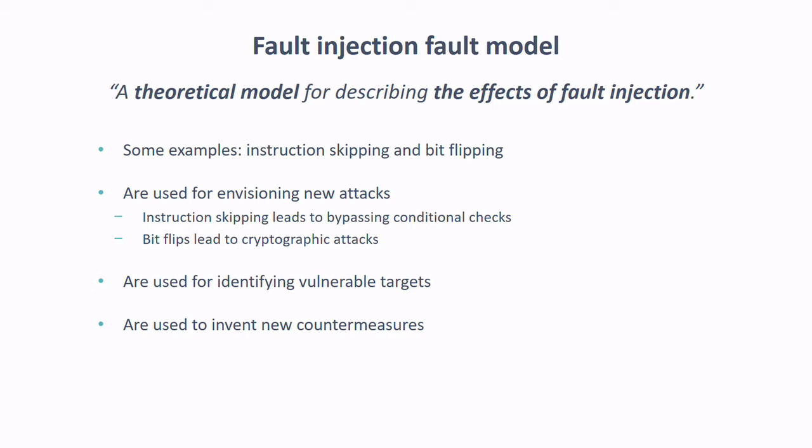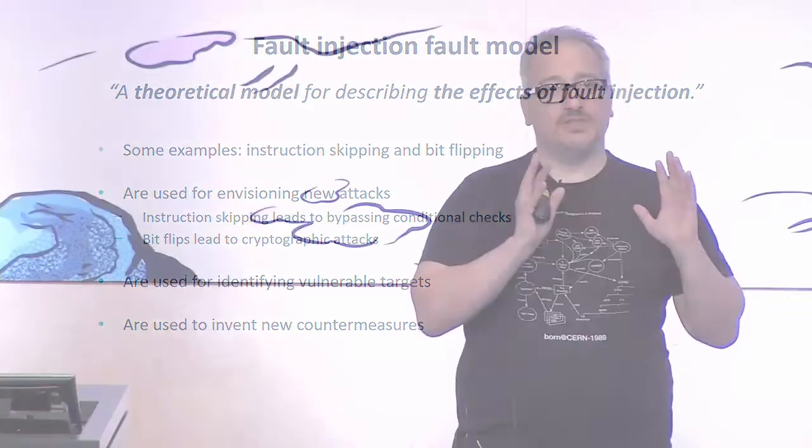Or your fault model says, perhaps this fault injection technique allows me to flip some bit rather than skipping an instruction. So you start with a model of something that you think might happen, and then you use this model in order to envision new attacks.